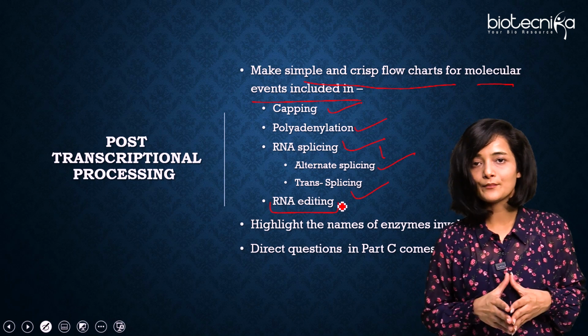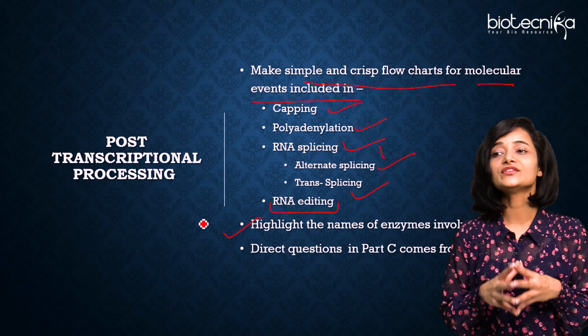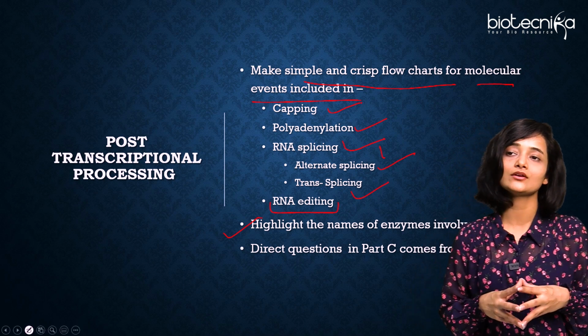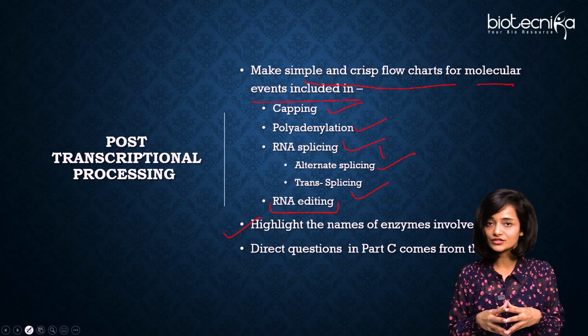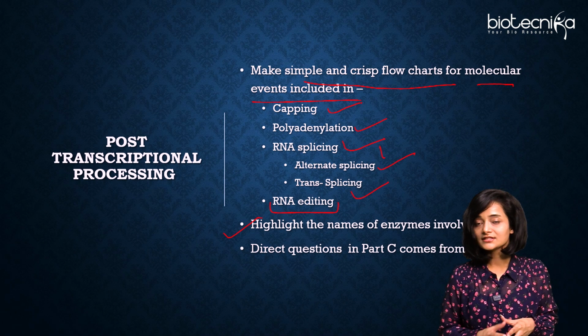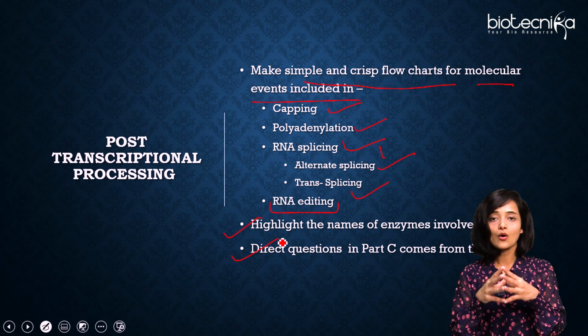RNA editing is also important. Highlight the names of the enzymes that are involved in all these events. What are their roles? What are their functions? Direct questions are sometimes asked in Part C from all these concepts.